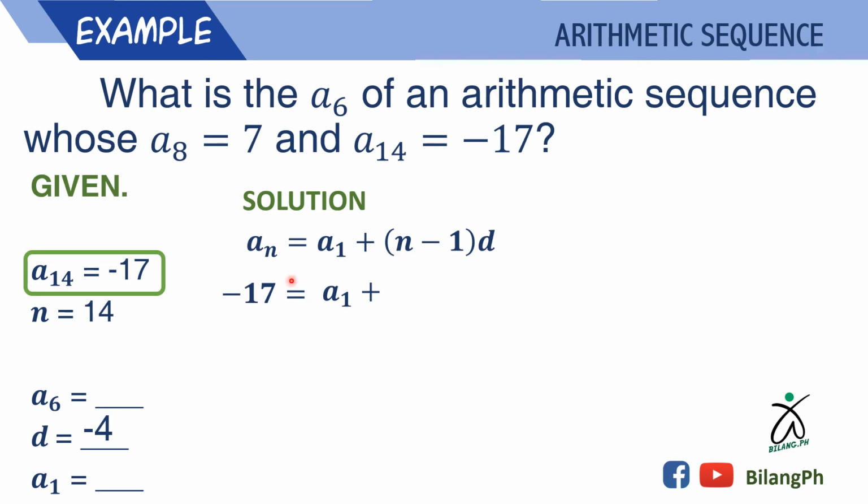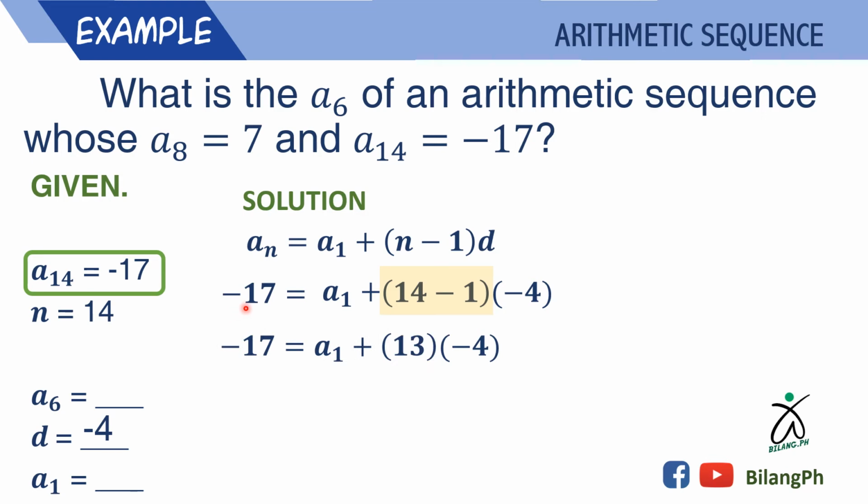Pang ilan si negative 17? Ito ay pang 14. So, 14 minus 1. Ang common difference natin kanina, negative 4. Manipulate the equation. So, we have negative 17 equals a sub 1. 14 minus 1 is 13. Kopyahin lang ang negative 4.